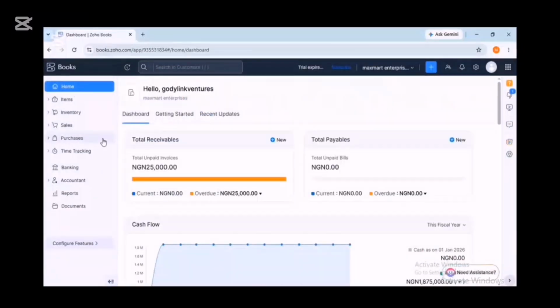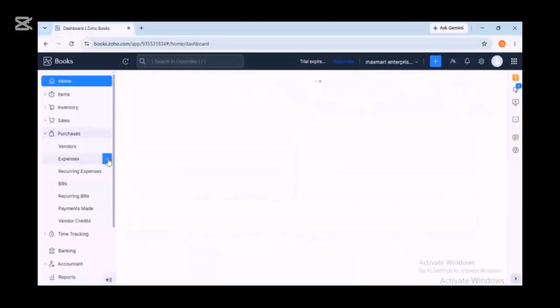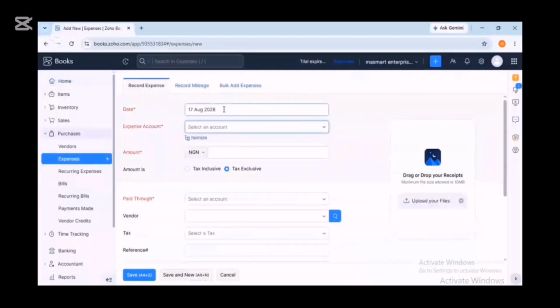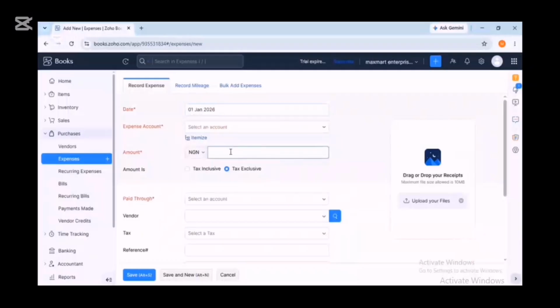So let's enter the depreciation. Absolutely, depreciation is an expense, though a non-cash expense. So let's enter that. Let's select our date at the beginning of the period. So let's enter the amount of depreciation, 5,000.